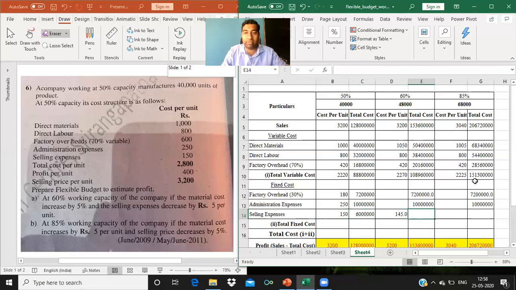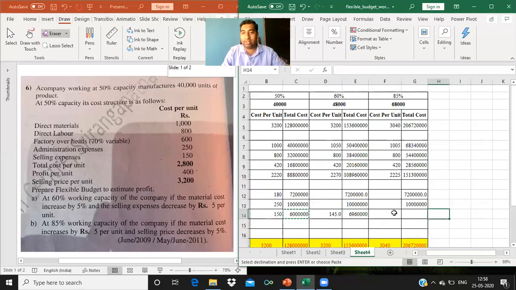So 145. And next, total cost is calculated as 145 into 48,000 units. Next one, at 85% capacity, there is no information given on the selling expenses. So this is going to remain same.